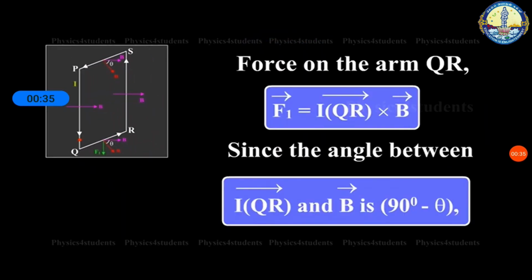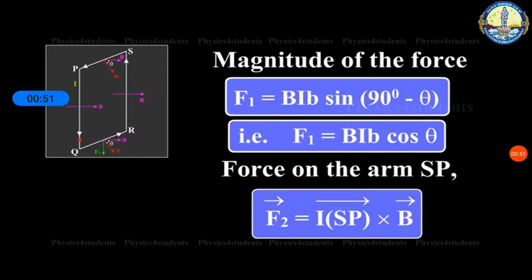Force on the arm QR, vector F1 equals vector I into QR cross B vector. Since the angle between I into QR and vector B is 90 degrees minus theta, the magnitude of the force F1 is equal to BIb sine of 90 degrees minus theta.